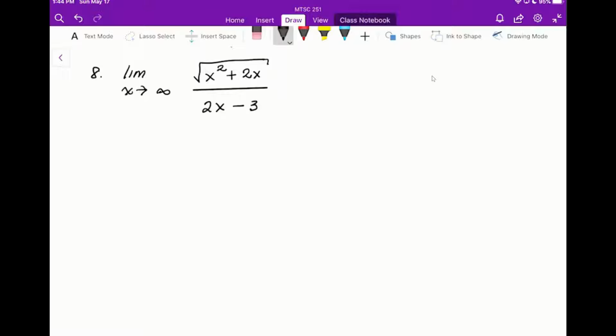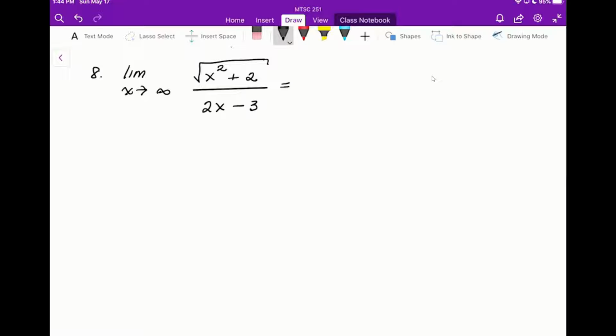So we want to, again, divide by the highest power of x, but we can see that in the numerator, we have x squared plus 2x. So one would think that you would divide by x squared, but x squared is inside the square root. So if we treat it as if this 2x were not there, that also gives us an x.